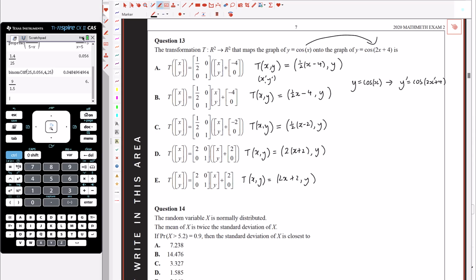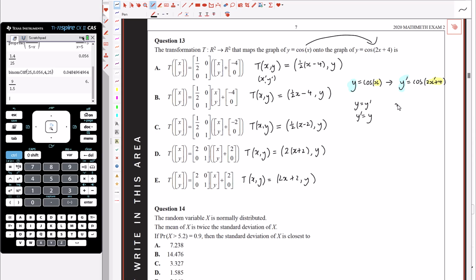So we can now see the substitutions that were made. y is just equal to y dash. There's nothing complicated happening there. And x was replaced with 2x dash plus 4. That's consistent with all of the options here, where y dash is just y, nothing happened to y.